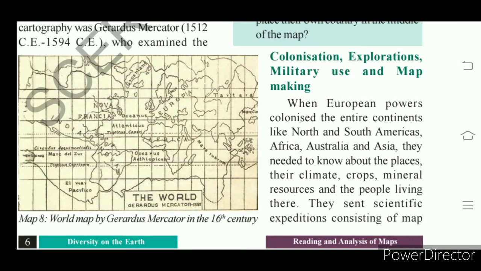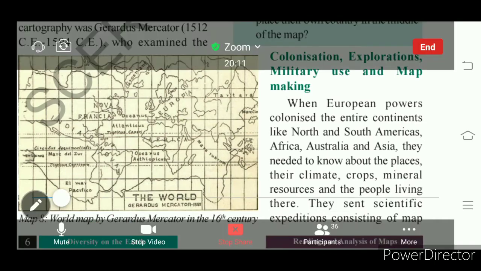You know that Europeans started colonizing the world in the 16th century. What is meant by colonization?